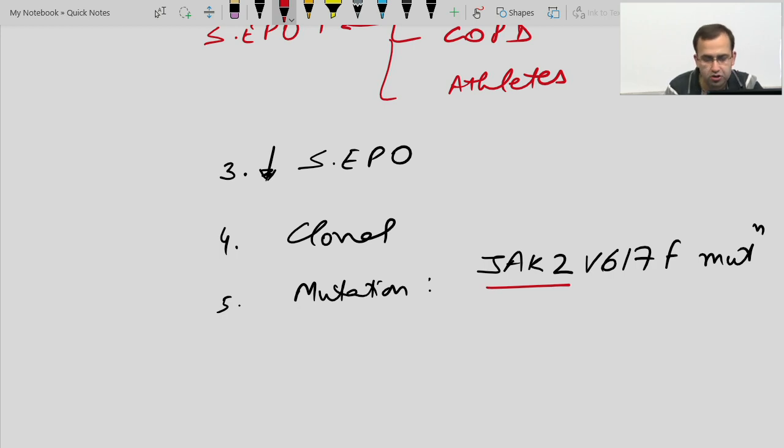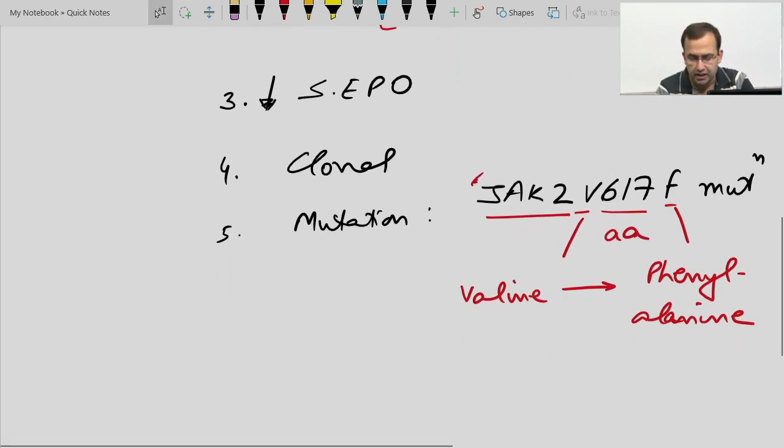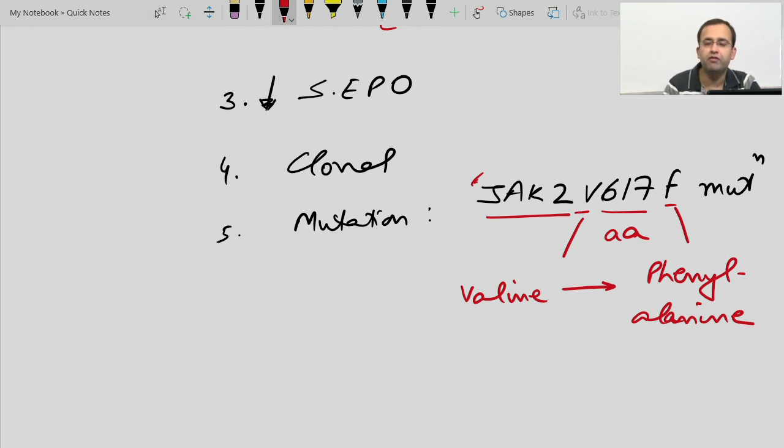It is a mutation in the Janus kinase 2 domain in which the 617th amino acid, which is normally valine, is replaced by phenylalanine.